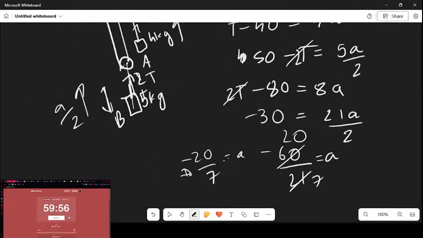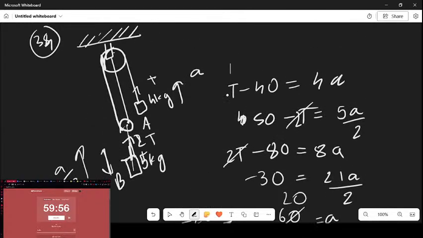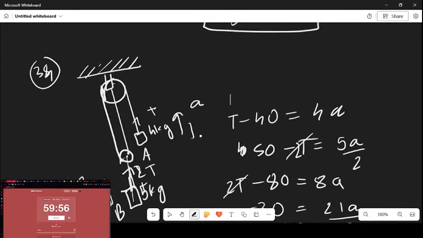We assumed the tension direction, but it actually moves downward.